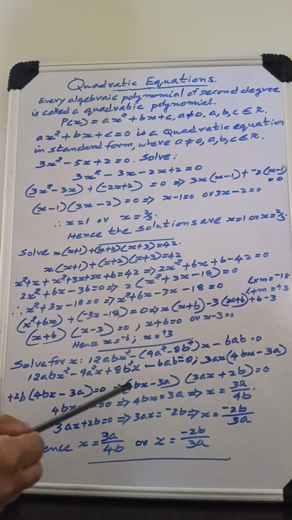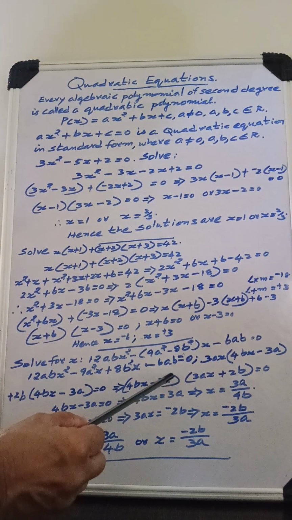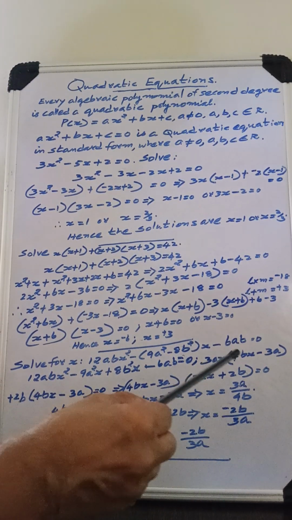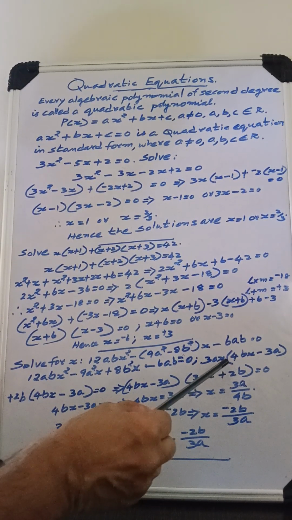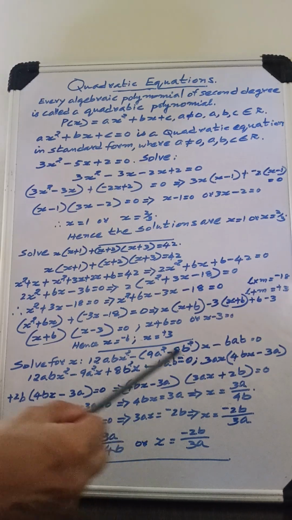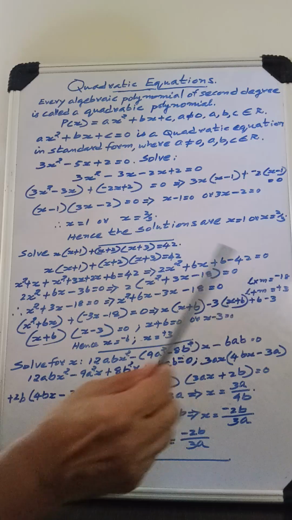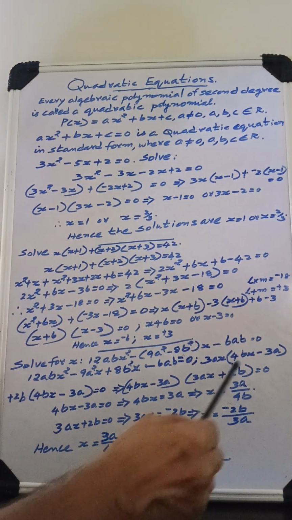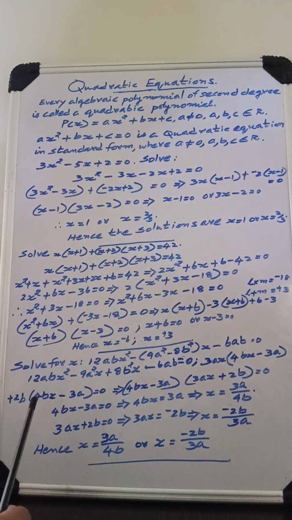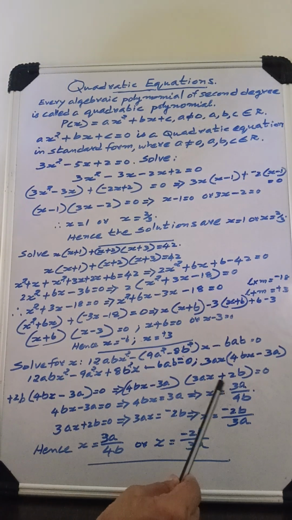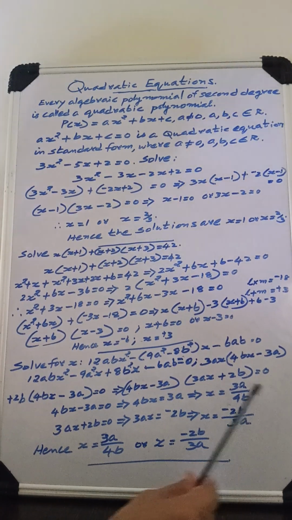Therefore, I am taking 4bx minus 3a as common factor into, first remains 3ax, second remains plus 2b equals 0. I factorized this expression: 4bx minus 3a into 3ax plus 2b equals 0.